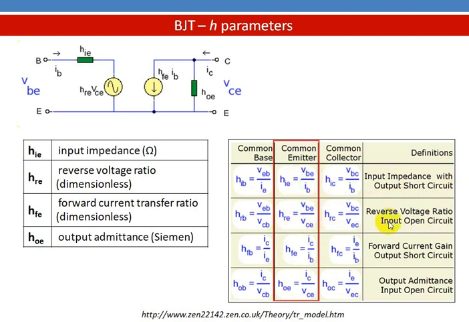Similarly, for HRE, open circuit the input, measure VB and VC, and find this ratio. For HFE, again short circuit the output, measure IC and IB, and get this ratio. Similarly, for HOE, open circuit the input, find IC and VC, and this ratio is called the output admittance HOE.